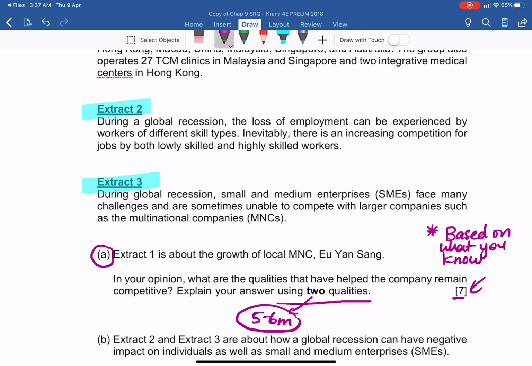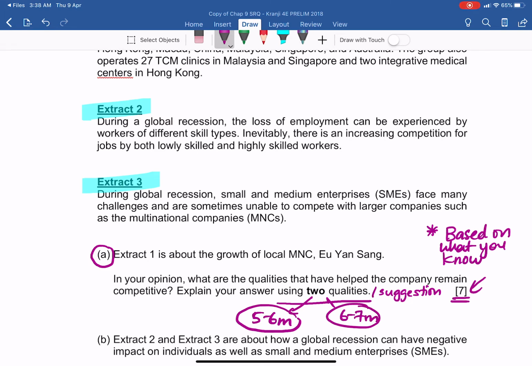This is 7 marks, and just giving one example, one quality, it can sometimes be one suggestion, already gets you 5 to 6 marks. So it's quite a lot of marks, so you cannot give up. If you give 2, it can go as high as 6 to 7 marks. And how do you answer?